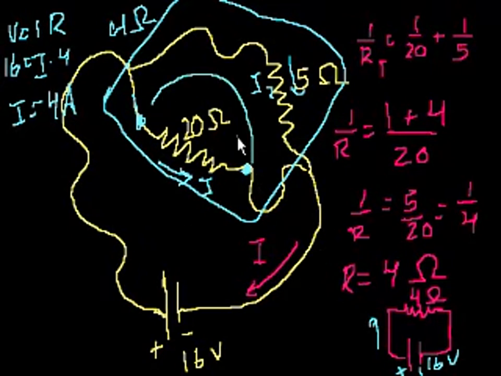So you have 16 volts across there, 16 volts divided by 20 ohms. So let's call this I1. I1 is equal to 16 volts divided by 20 ohms, which is equal to 4/5 of an ampere, or 0.8 amperes, right?